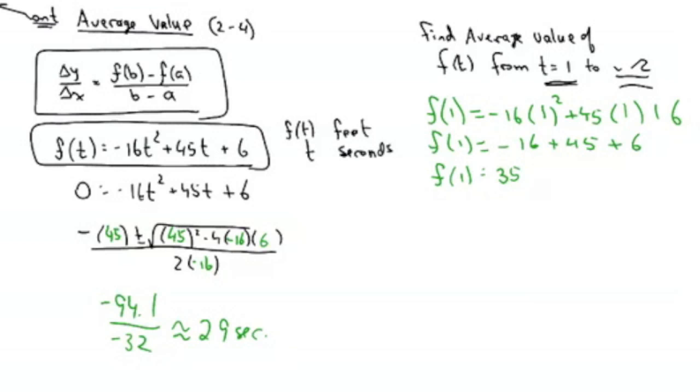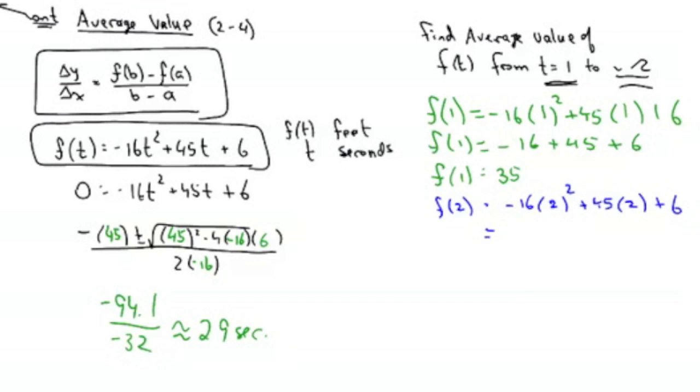Okay. What do I do with this other number? Well, find f of 2. That'd be negative 16 times something squared plus 45 times something plus 6. What goes in the parentheses? 2.